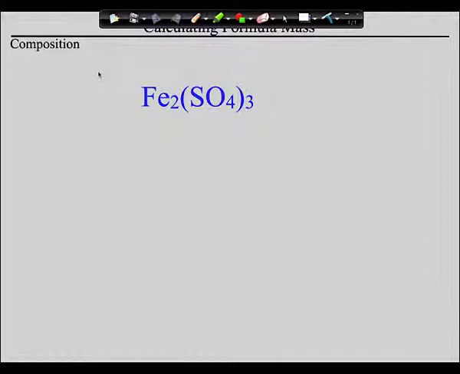Because guys, the Roman numeral doesn't tell you how many, it tells you the charge. So this is in fact iron 3 sulfate. But independent of that, what I'd like you to do right now is figure out how many of each atom is in iron 3 sulfate.